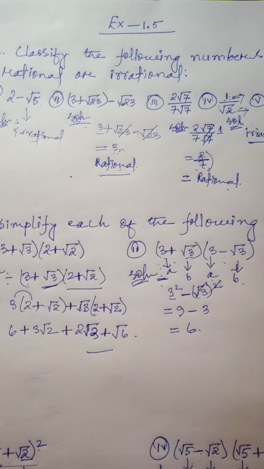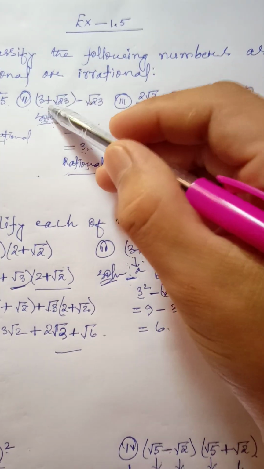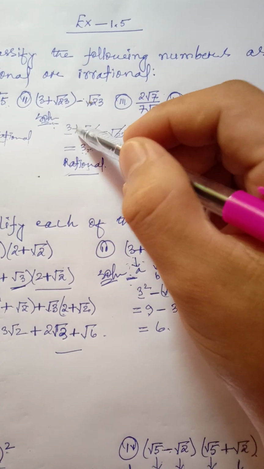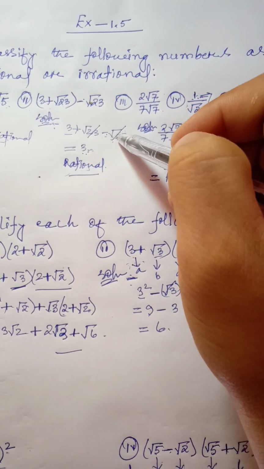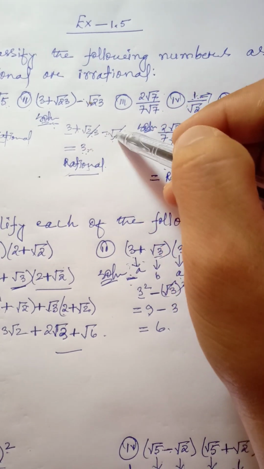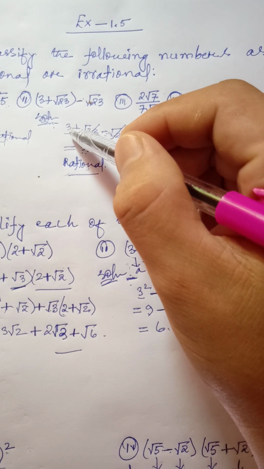If it is clear, then we are going to move to Roman number 2. In Roman number 2 we have 3 plus root 23 minus root 23. Plus and minus, the values are the same. If we subtract them, then we will get 0. The remaining number left with us is 3.